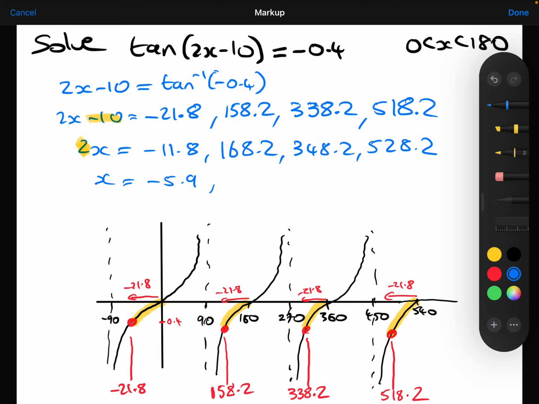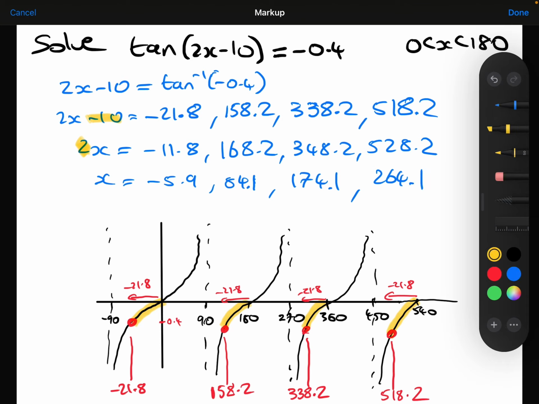So 168.2 divided by 2 is 84.1. 348.2 divided by 2 is 174.1. And the 528.2 divided by 2 is 264.1.